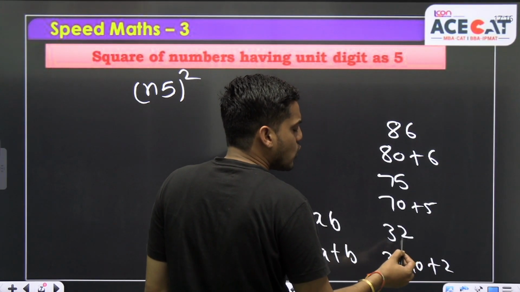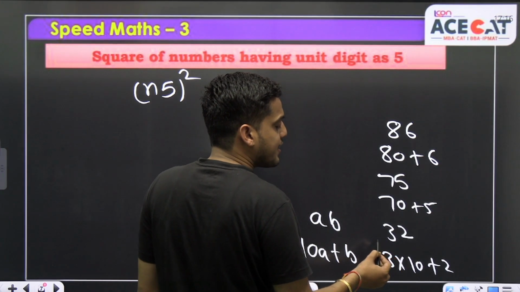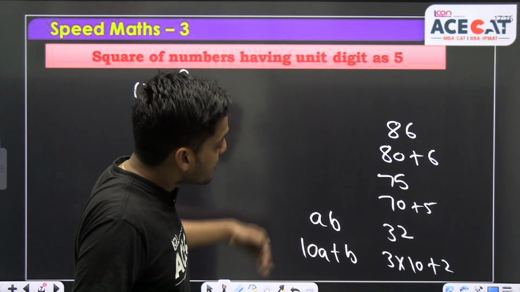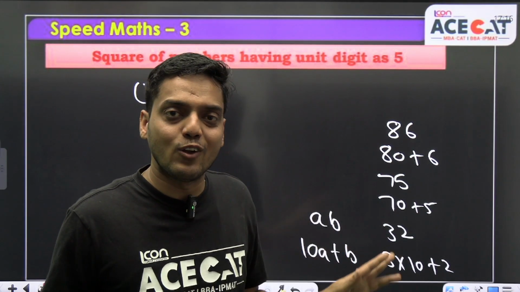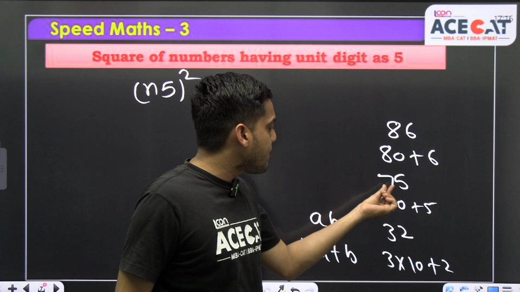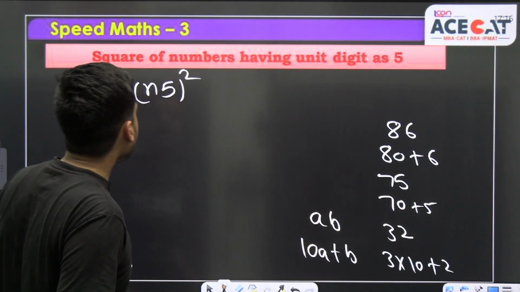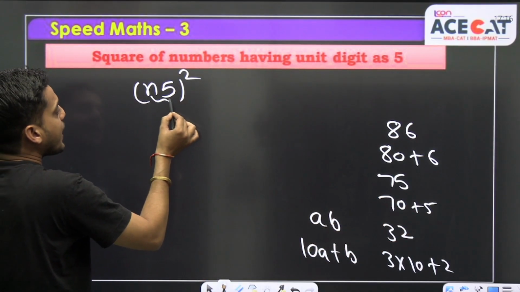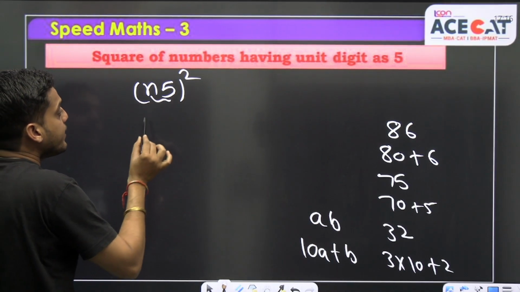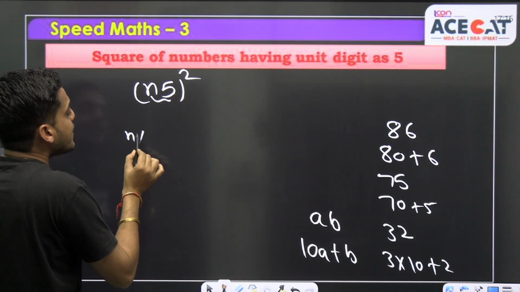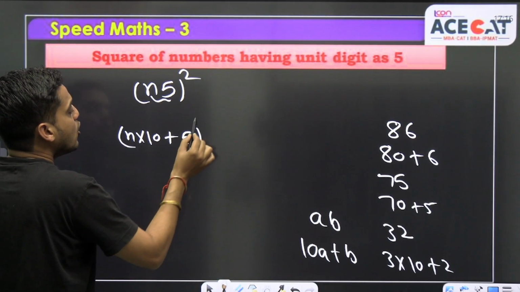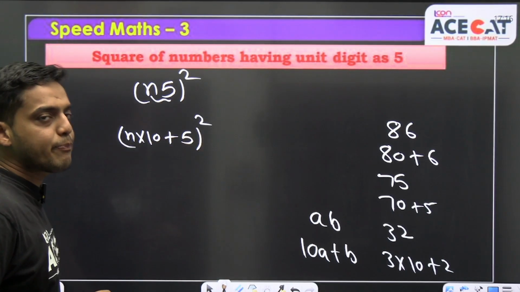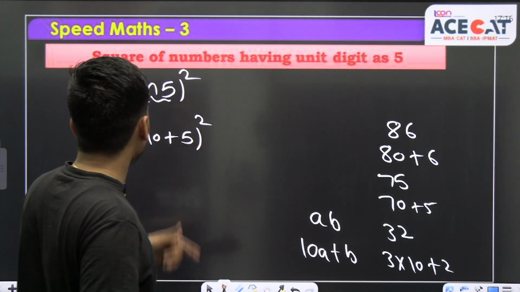Unit place 2 into 1, tens place, hundreds place, thousands place. This is the work that we did in the second class, the base value. So if I am having a 2-digit number n5 here, it is nothing but n into 10 plus 5, whole square. Do you agree with me, guys? Yes, sir, it is quite obvious.